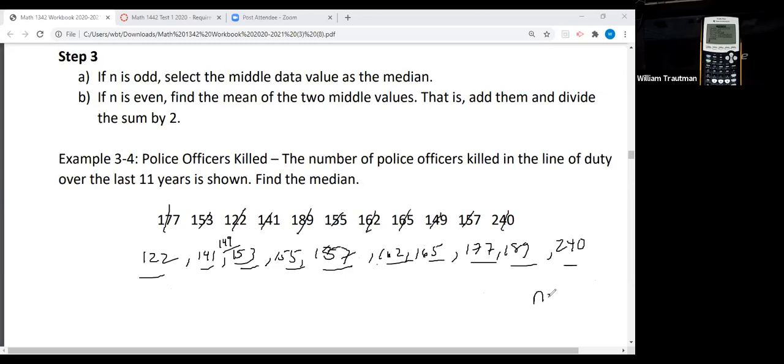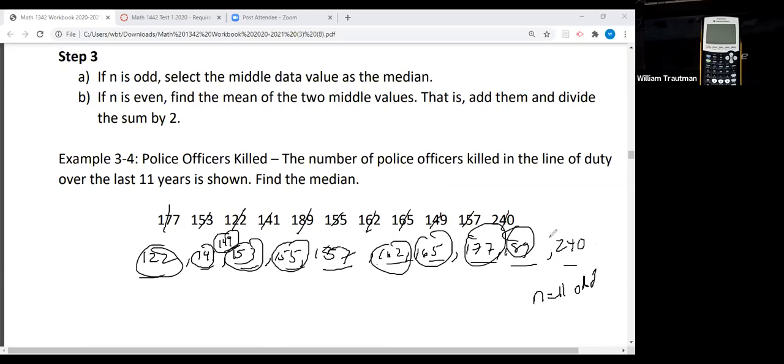So n equals 11. Step 2 says count the data, and then step 3 says if n is odd. 11 is an odd number. 1, 3, 5, 7, 9, 11, 13 are odd numbers. If n is odd, then it's the middle piece of data. 1, 2, 3, 4, 5.